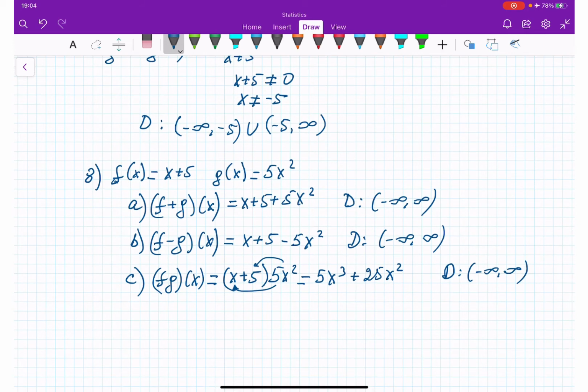And lastly, division. f over g of x is equal x plus 5 over 5x squared.